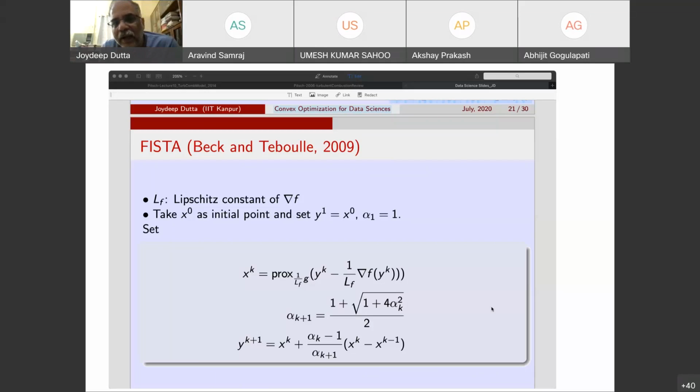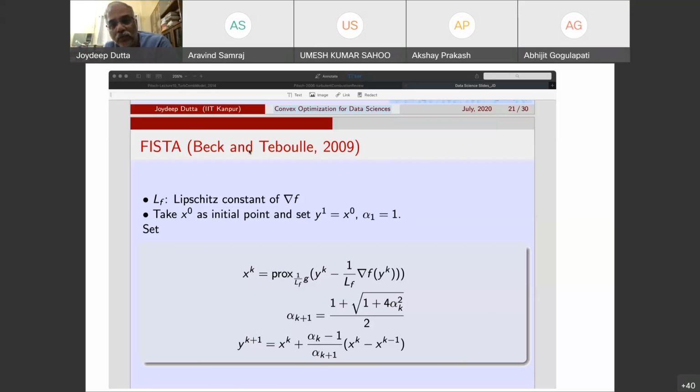So xk, now you start with y1, so you will get x1. So basically you have started with x0 here, and you will get x1. Now what happened? You already had alpha 1 to start with, which is 1. So you know what alpha 2 will be.